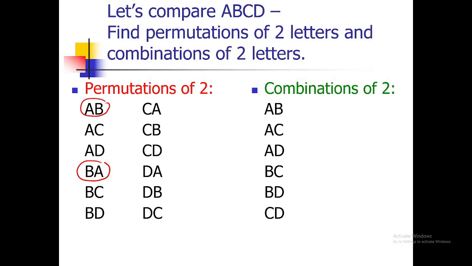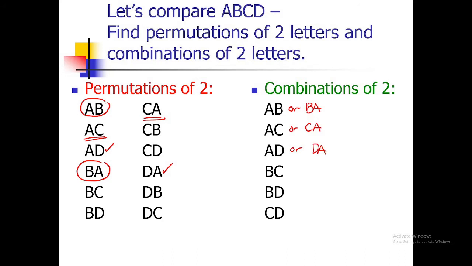But in combination, AB is the same as BA. They mean the same thing. That's why this is counted as one only. The same thing with AC and CA, and the same as AD and DA.